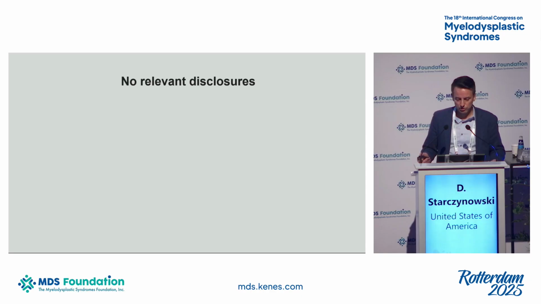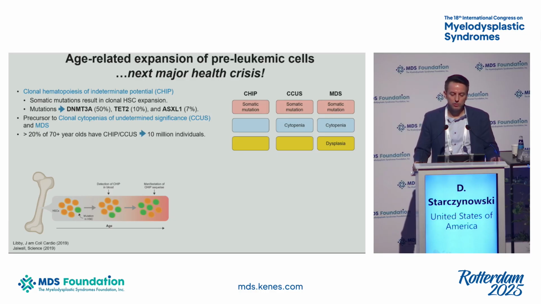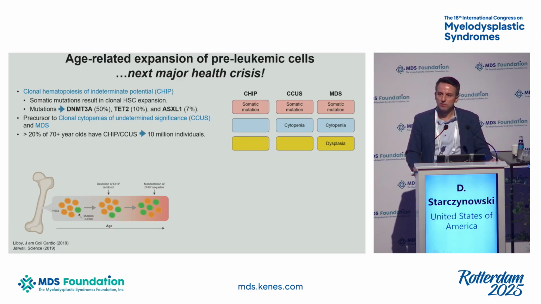As you've heard this morning, somatic mutations in our hematopoietic stem cells, particularly involving genes such as DNMT3A, TET2, and ASXL1, contribute to clonal hematopoiesis. This is an age-related phenomenon that results in expansion of these pre-leukemic cells. I think this could be the next major health crisis, and I'll tell you in a moment why.